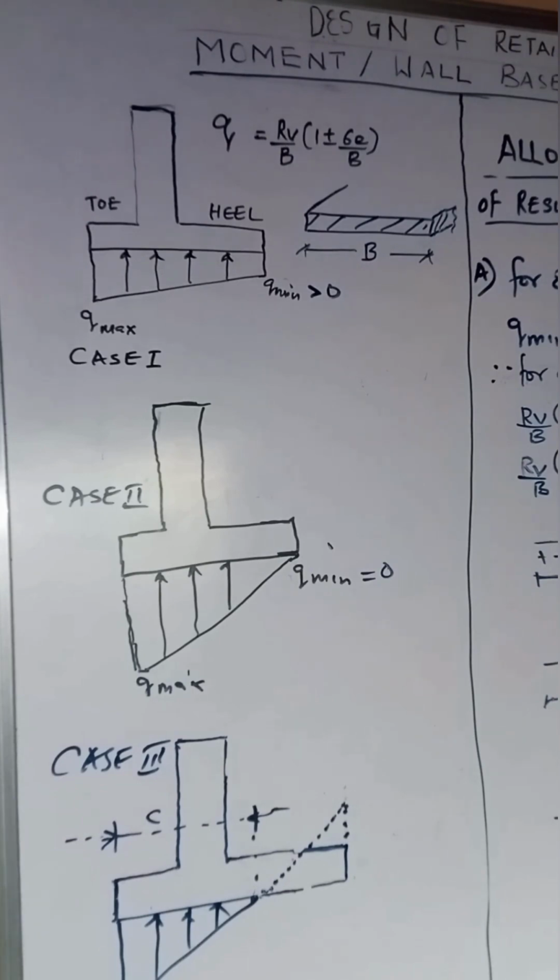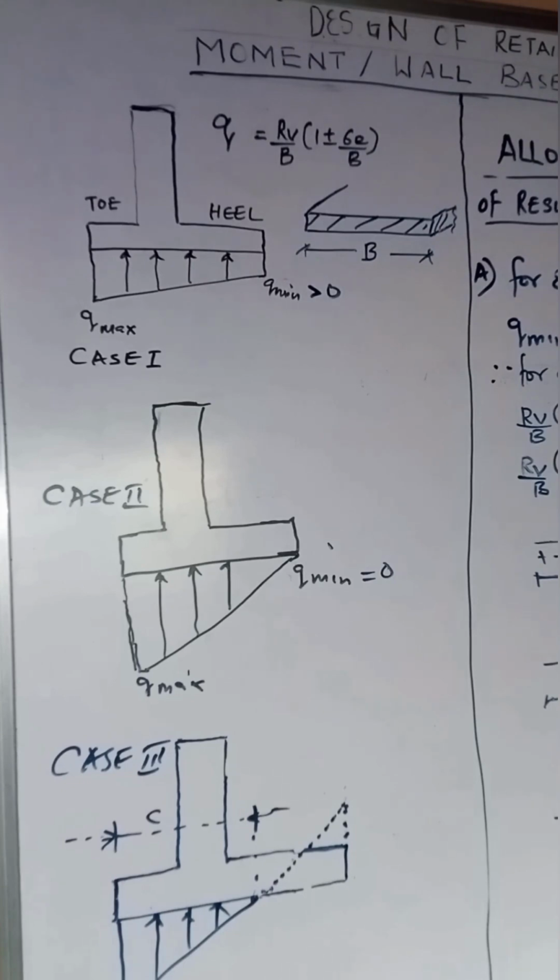It has no functionality, and as such a design where we have this kind of loading is very uneconomical. So we can say in case 3 that the base of this retaining wall is not efficient.